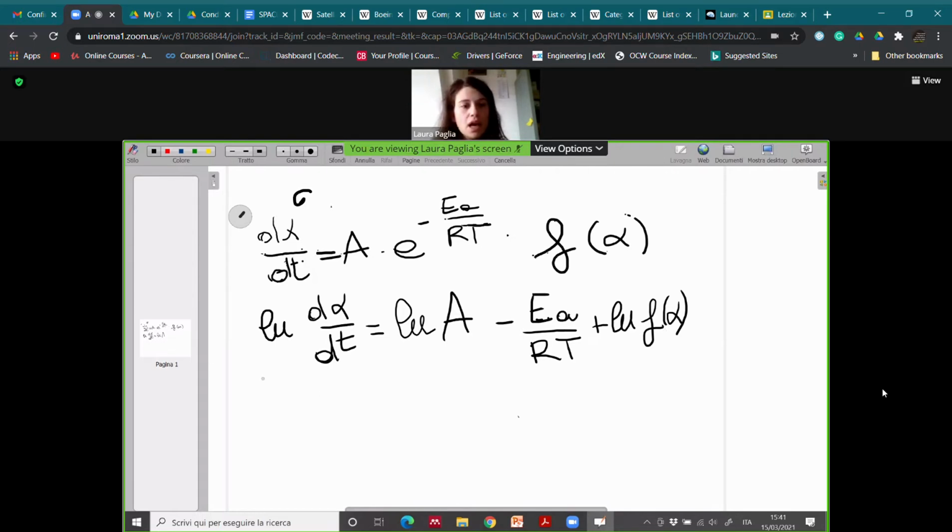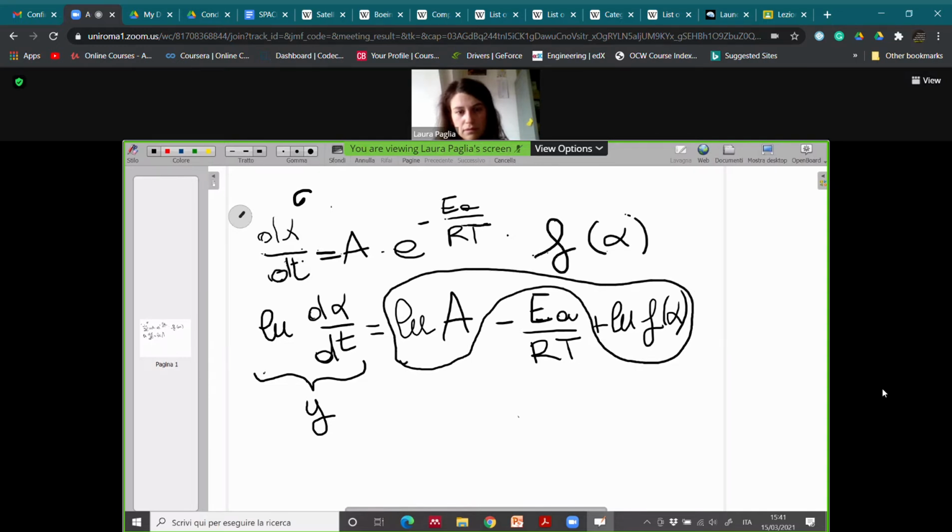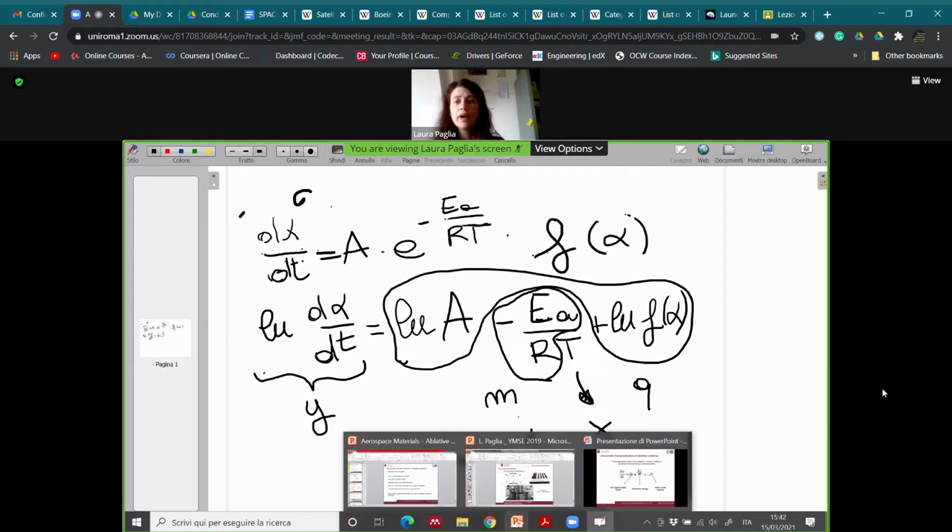In this equation, I can consider this one as q, the intercept, and I can consider this one as m, the angular coefficient, and this is my x, equal to 1 on T. So I have a straight line.